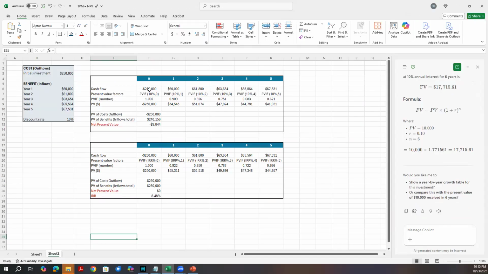I'm going to use an example of an investment which requires an upfront investment of $250,000 and generates $60,000, growing at roughly 3% a year over 5 years.